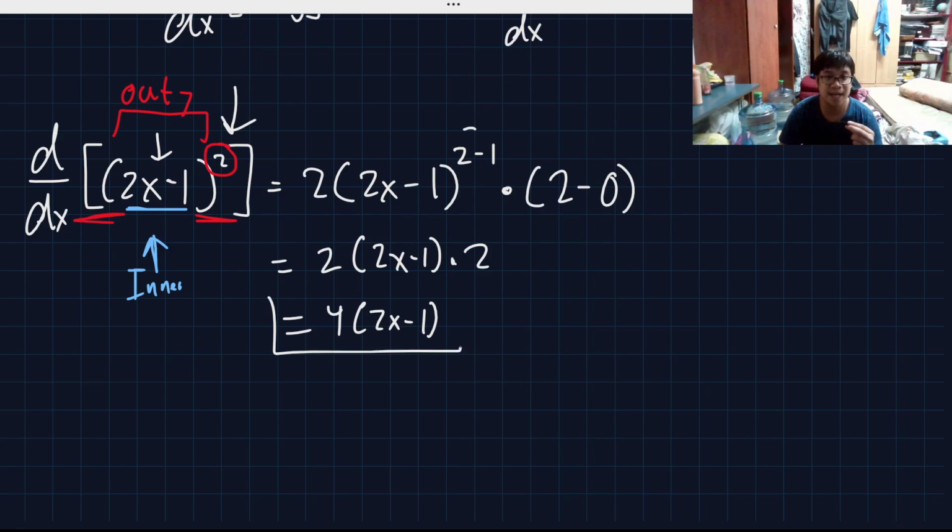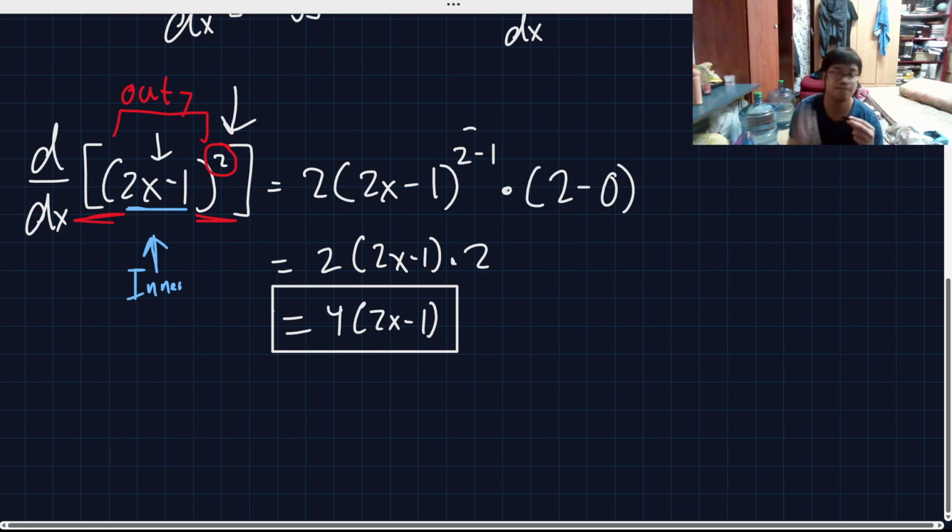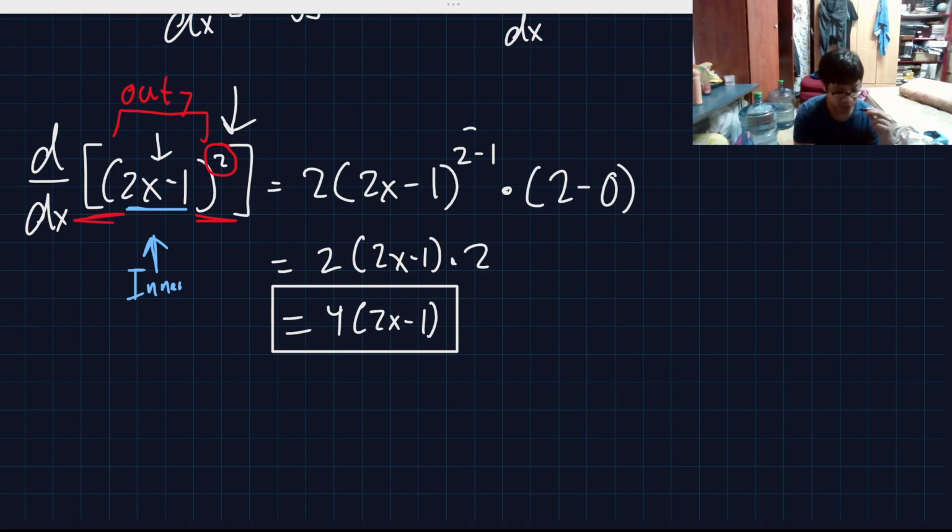That's basically a direct approach of doing the chain rule. All right? Just basically get the derivative of the outside first without touching the inside. Then you get the derivative of the inside. And yeah, that's it basically. That's basically how you do it. Now, let's proceed to the next problem.